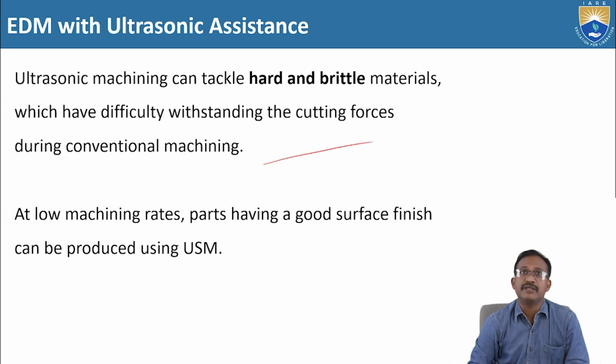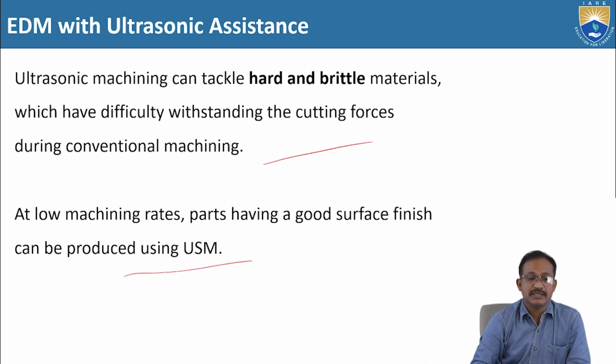But here, with ultrasonic machining, hard and brittle materials can be easily machined without any surface cracks, and a good surface finish will be obtained. At low machining rates, parts having a good surface finish can be produced using ultrasonic machining.